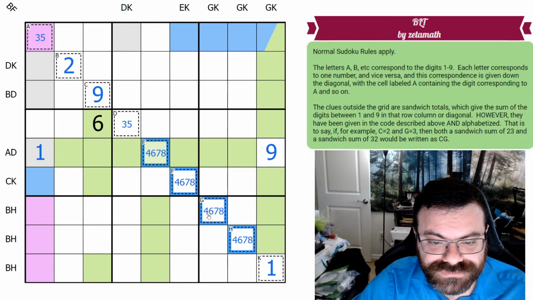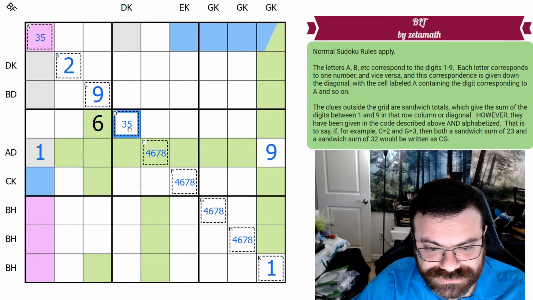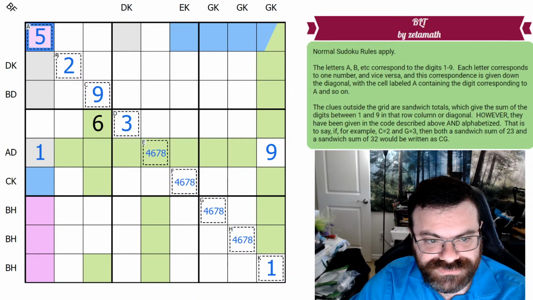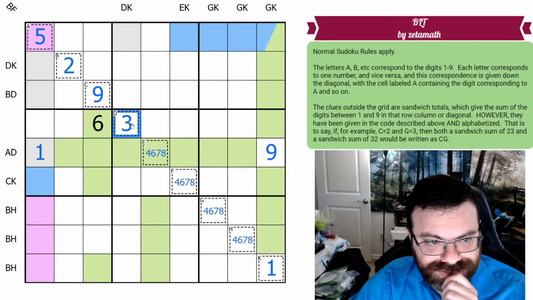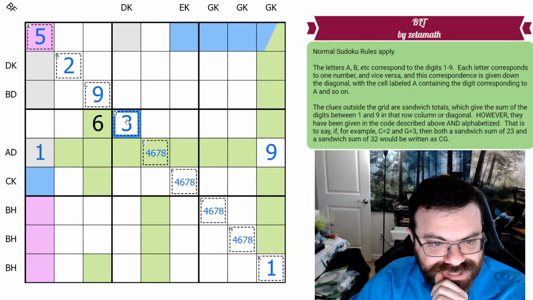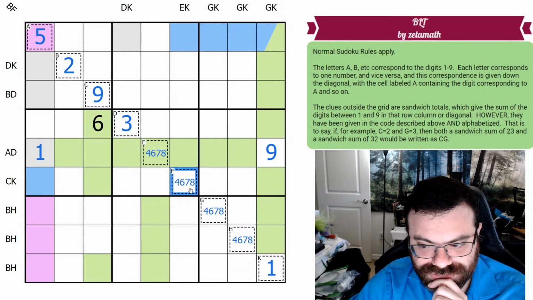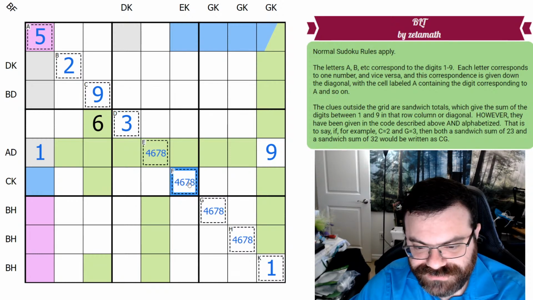So 25, we can't add 5 to it because that would be 30. So we have to be a 3 here, 5 here, and so BF is, so does that make F 7? Wait, no, 8. Makes F 8.